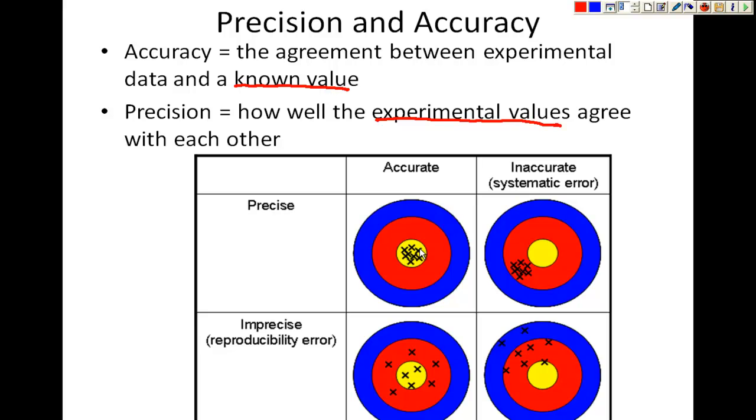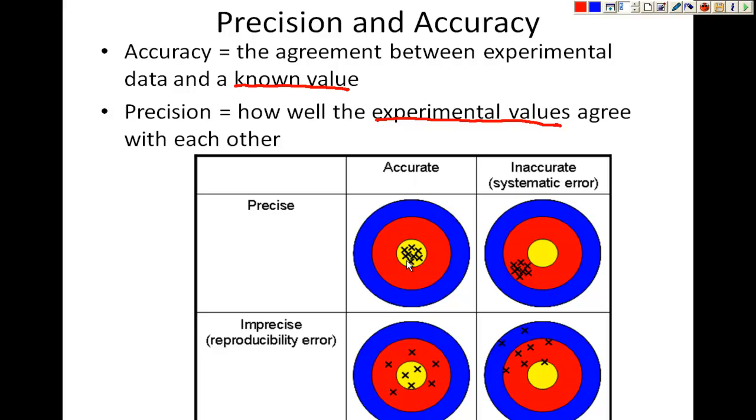So yellow is the bullseye, or yellow is what we believe to be the correct value. And we can see that the experimental value is the same as the known value, so the x's are on the yellow. So in this picture right here, it is both precise and it is accurate.